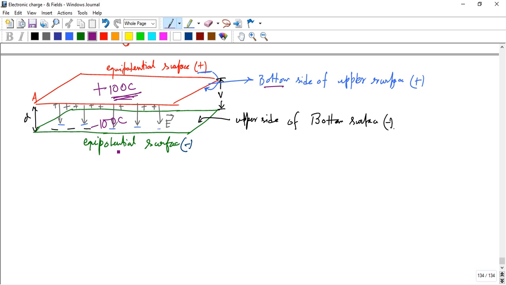So these two equipotential surfaces have the same charge quantity, 100 coulomb, but the upper one has positive 100 coulomb and the lower surface has minus 100 coulomb.